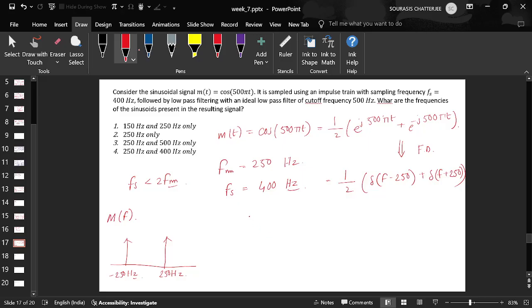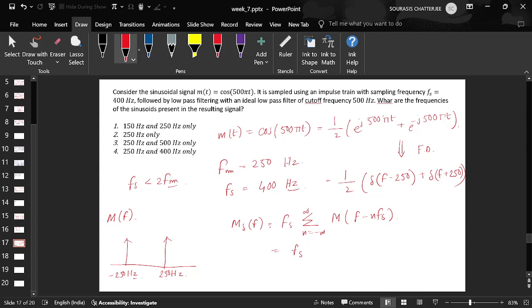Then you pass it through the impulse train, so your m delta f becomes scaled by fs, and then there are an infinite number of copies, shifted by integer multiples of the sampling frequency, f minus n fs. So it is going to look like this.